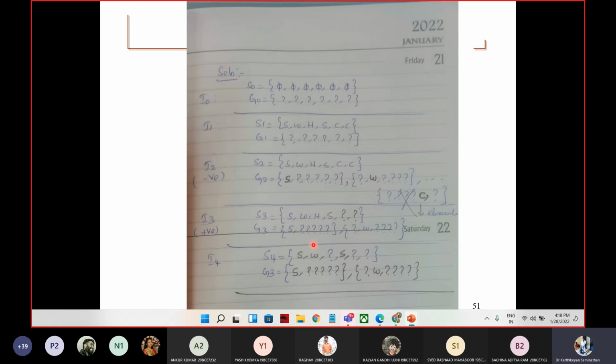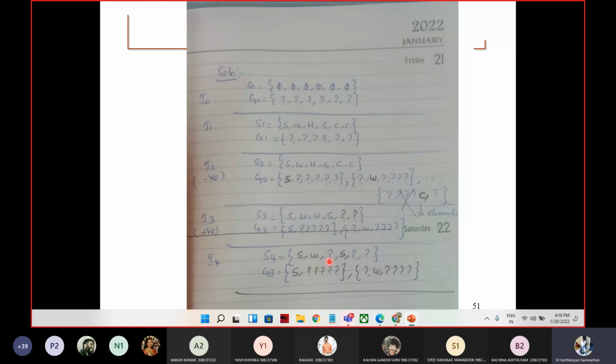Then the third attribute is normal versus high. These two are contradictory, so I need to change my specific hypothesis into a general one, so a question mark. Then the fourth one is strong versus strong, which is equal. Then the fifth one is warm versus question mark. You can't do anything, so that will also be contradictory, so we need to make it a question mark. So this is your S4.